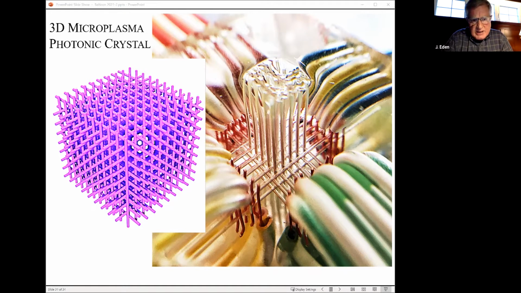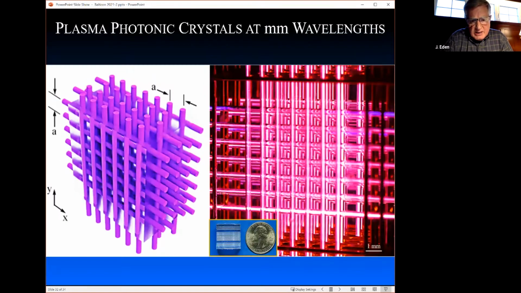And the next slide shows a picture of a less sophisticated one. This is a structure at left known as a woodpile structure. And the crystal is operating at right. You see these columns. We tilted the crystal intentionally so that you could actually look into the crystal. And you're probably wondering, why is this sort of a reddish blue?